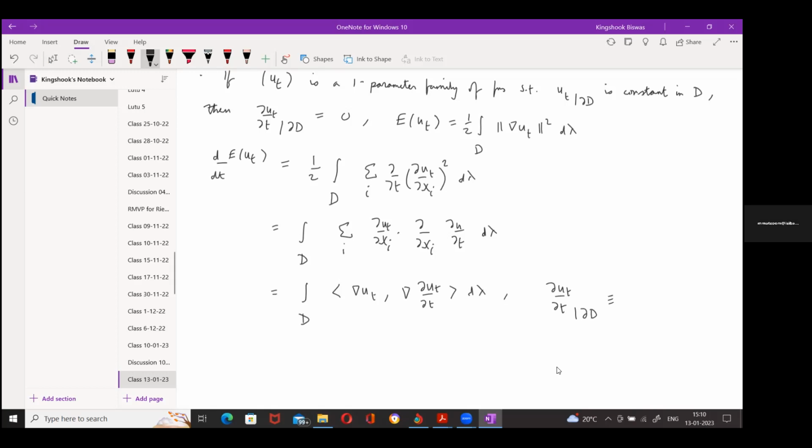So I can use my integration by parts formula from before. And this is going to be therefore minus the integral over D of del u_t del t into the Laplacian of u_t.